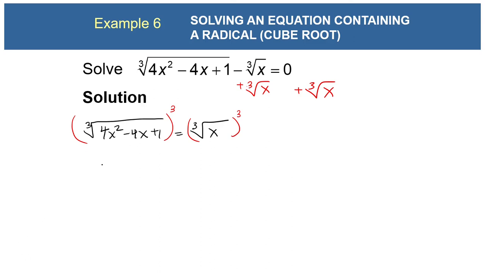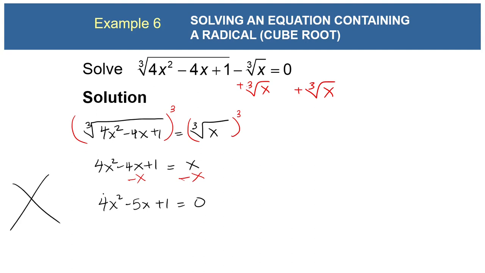So what happens is we get 4x² - 4x + 1 is now equal to x. Let's subtract x to both sides. That results in 4x² - 5x + 1 equals 0.